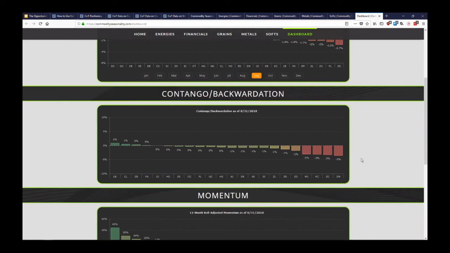What's interesting about this chart, I know it looks quite boring because everything's around zero, is that when we started the year, a number of commodity contracts were in backwardation, specifically WTI.